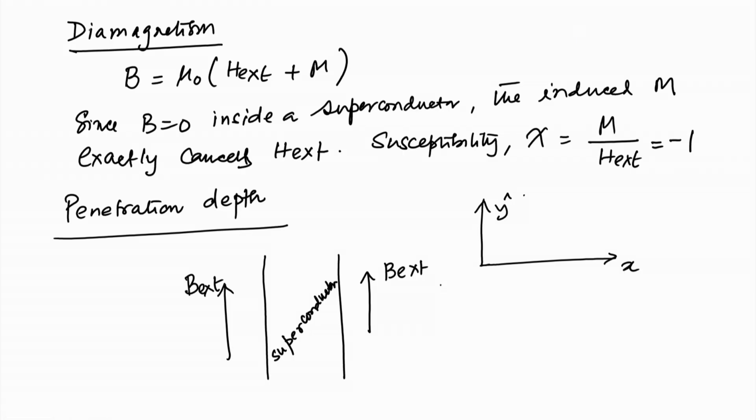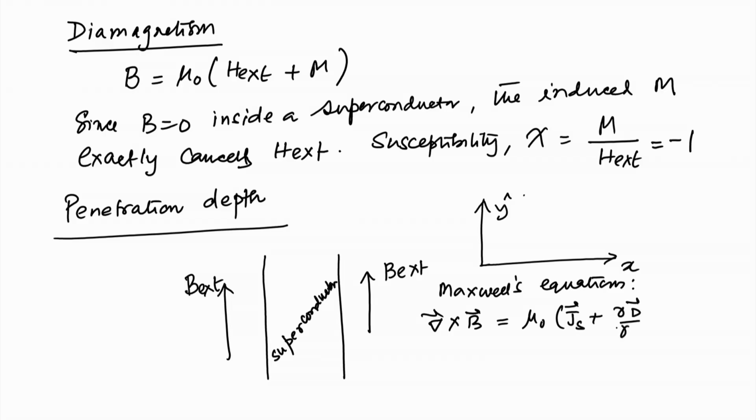Now, Maxwell's equations can be written as curl of B equal to mu 0 J s plus del D del t, and curl of E equal to minus del B del t. These are the last two Maxwell's equations that we all are aware of.